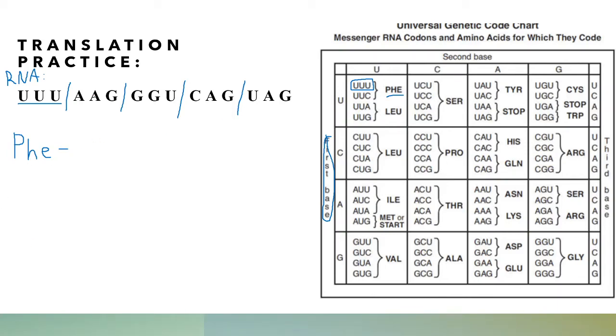All right. Our next 3 letters are A, A, G. My first letter here is A, so I kind of know to start down here somewhere. I'm going to look for A, A, G, which is right here. A, A, G makes Lys, or lysine.